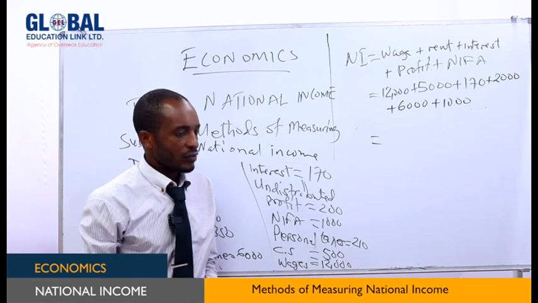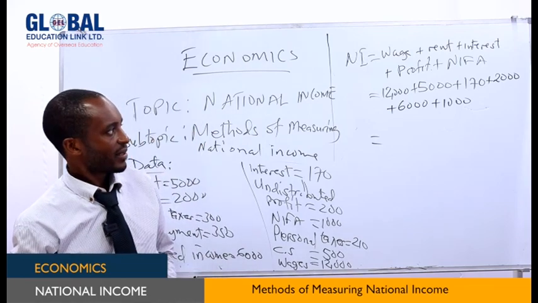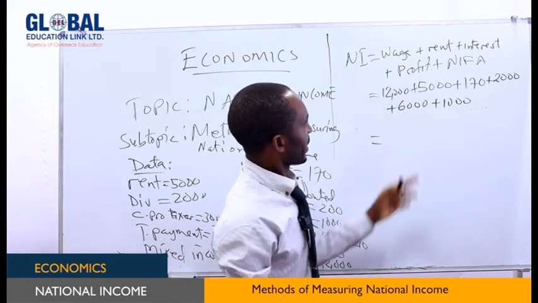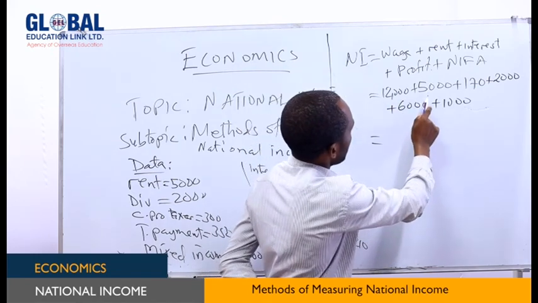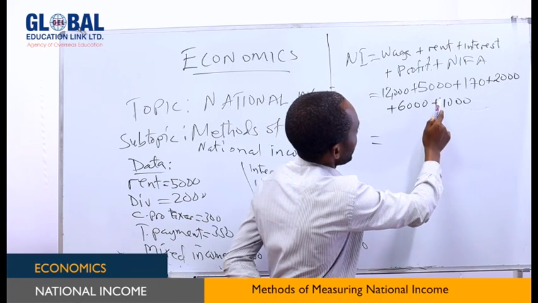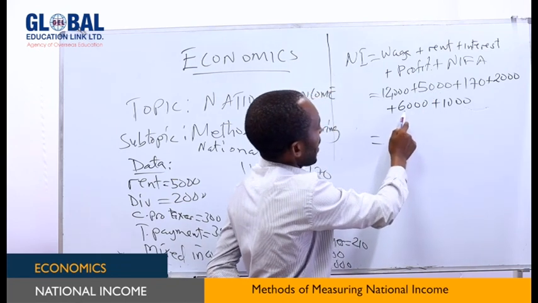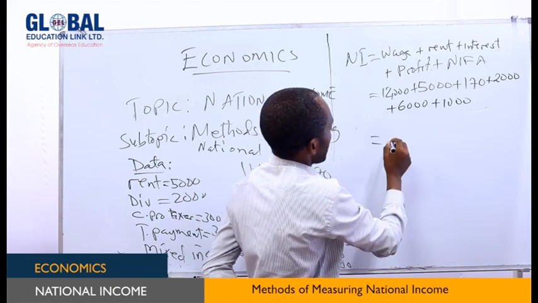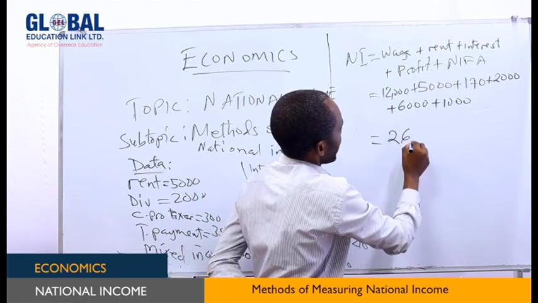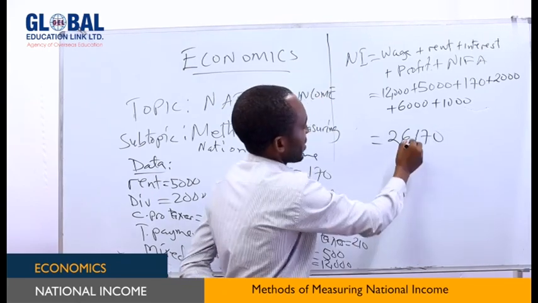So when you add all this, it will be 17,000, then 19,000, 25,000, 26,000, so it will be 26,170.